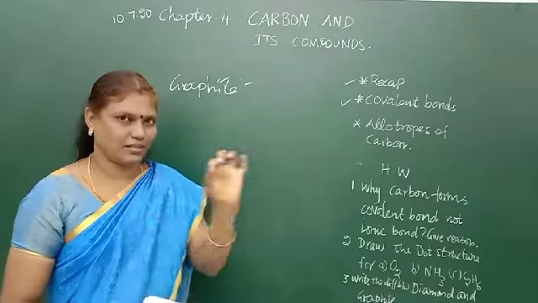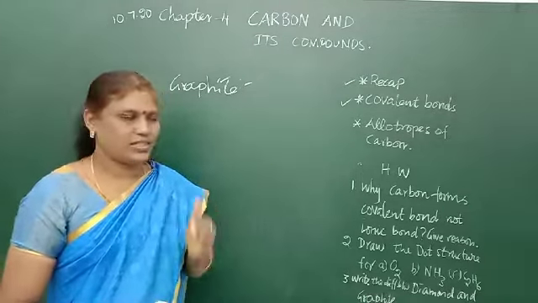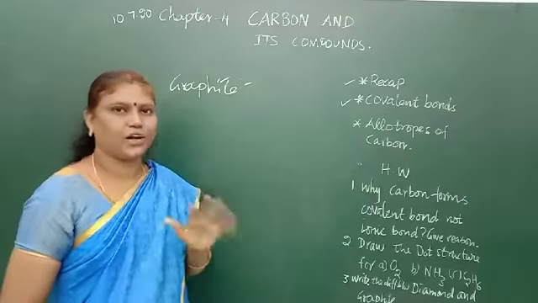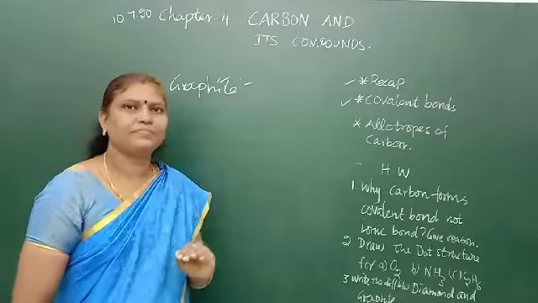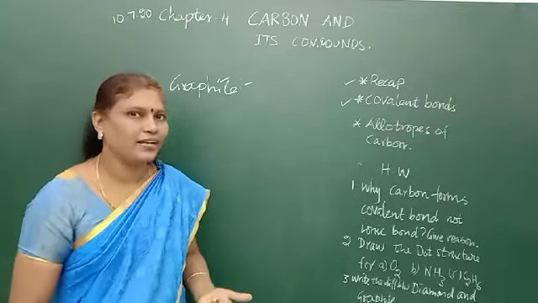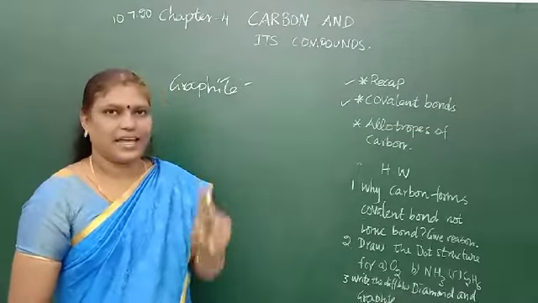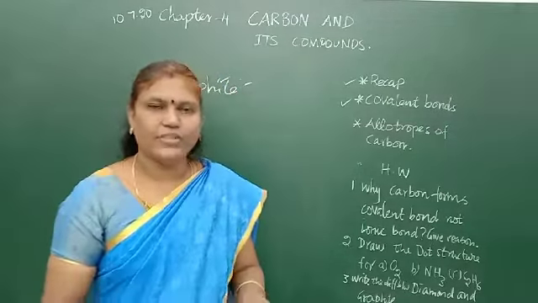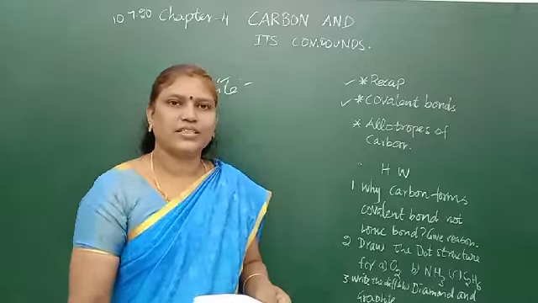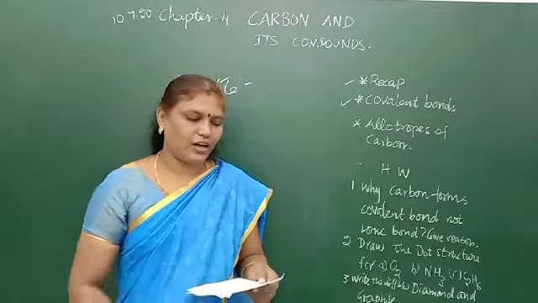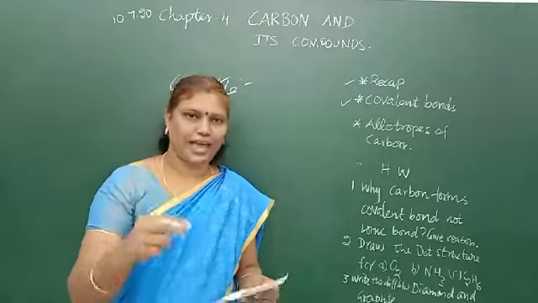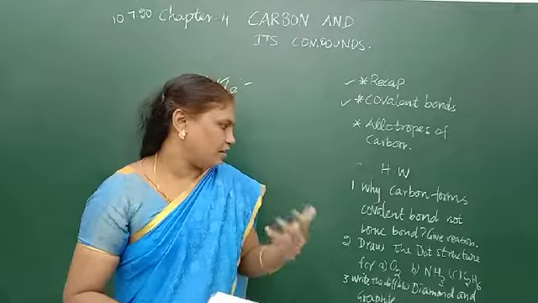Then we have seen allotropes have the same chemical properties but different physical properties. Today we dealt with two, diamond and graphite. Which is the hardest? Diamond. Which one is soft? Graphite. They have different characters. If you can, you can frame up the differences between them.